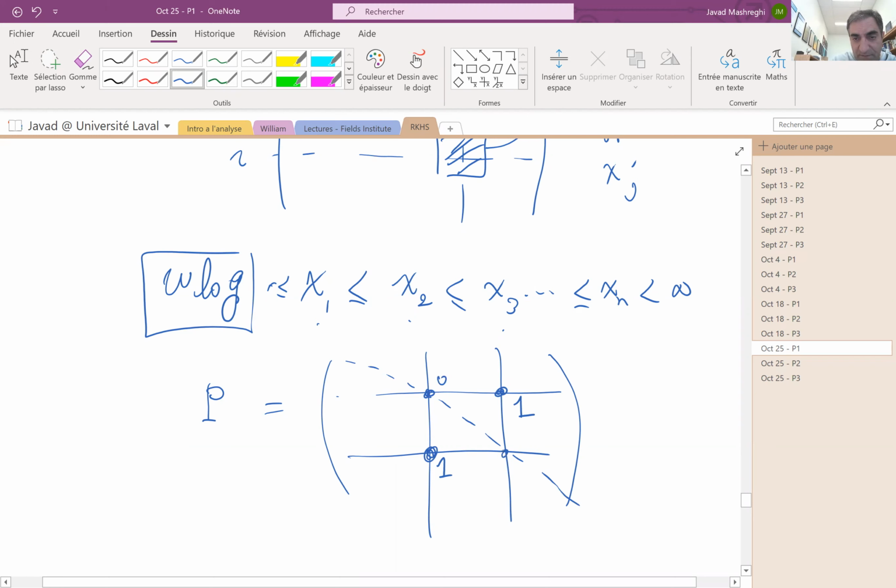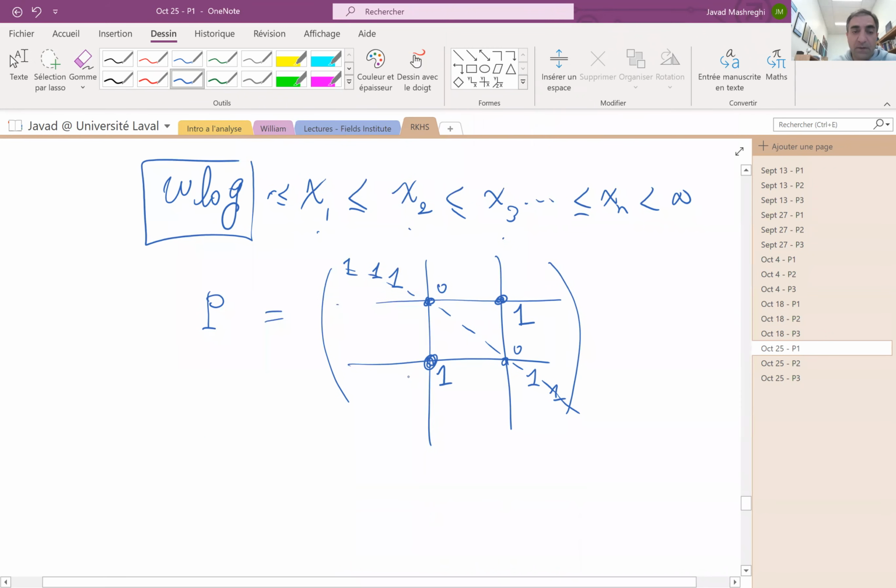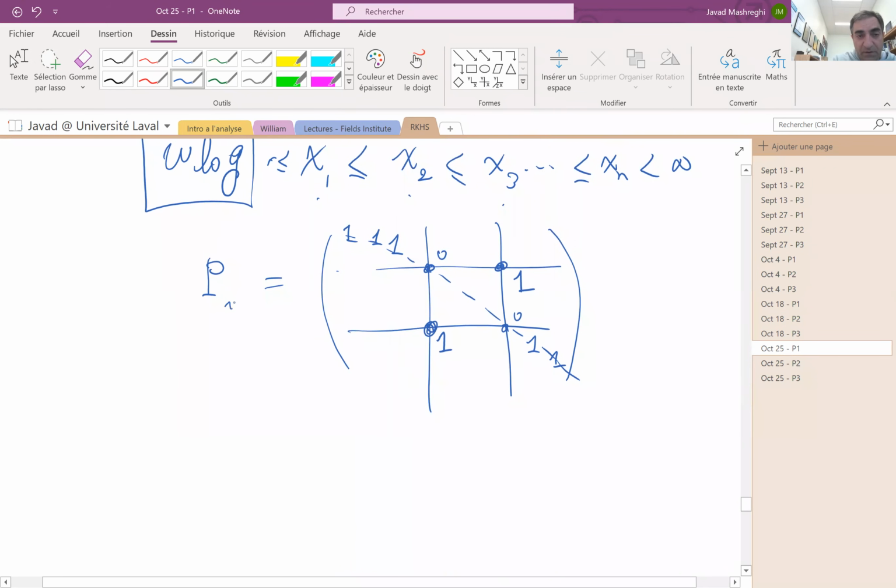Here is 0, here is 0, on the diagonal 1. And all other elements are equal to 0. So it's a kind of permutation between either row i and row j, or column i and column j. I can call it Pij for further reference.